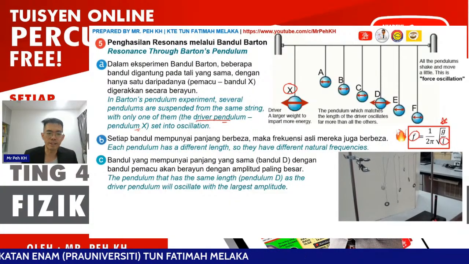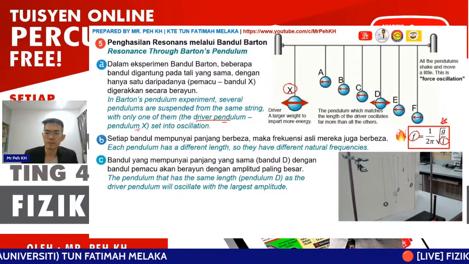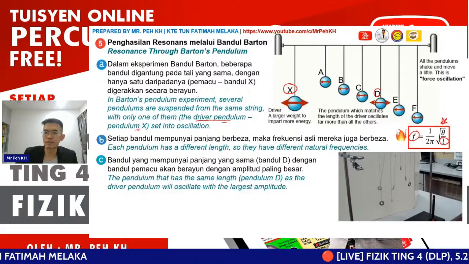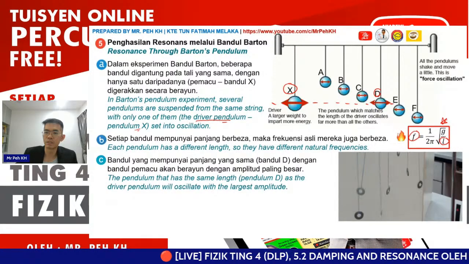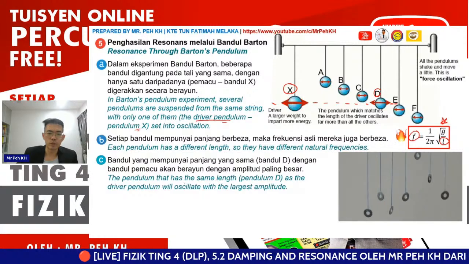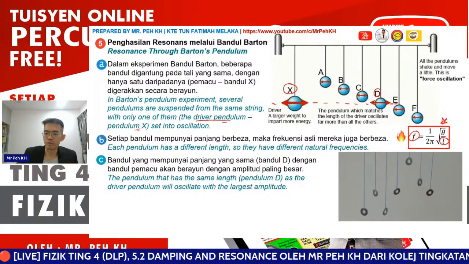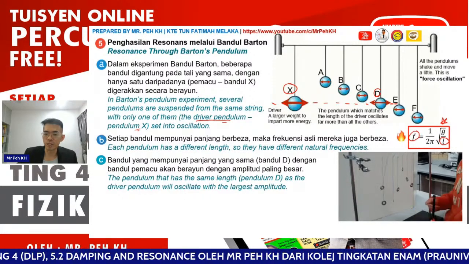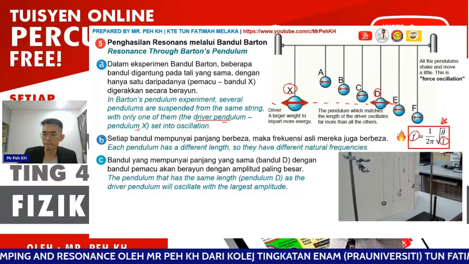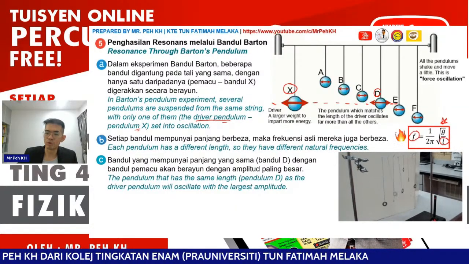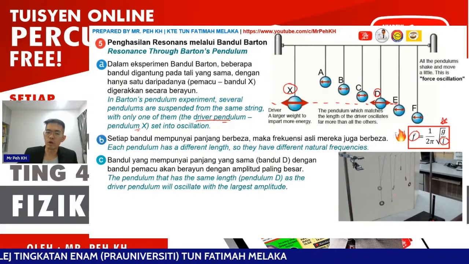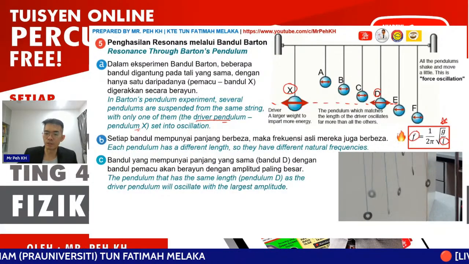The pendulum that has the same length as the driver, which is pendulum D, will oscillate with the largest amplitude. Or you can look at this video quickly. One of the pendulums will swing or oscillate at the largest amplitude.